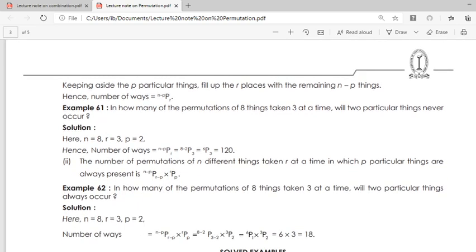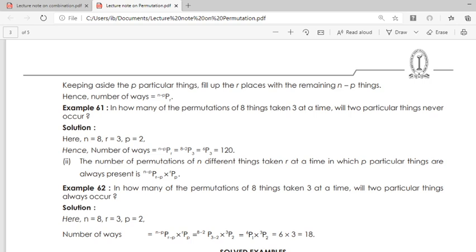In how many ways can we permute 8 things taken 3 at a time with 2 particular things never occurring? Now your n is 8, that's the 8 things. Your r is 3, that's taking 3. And your p, that's the restriction, p is equal to 2.